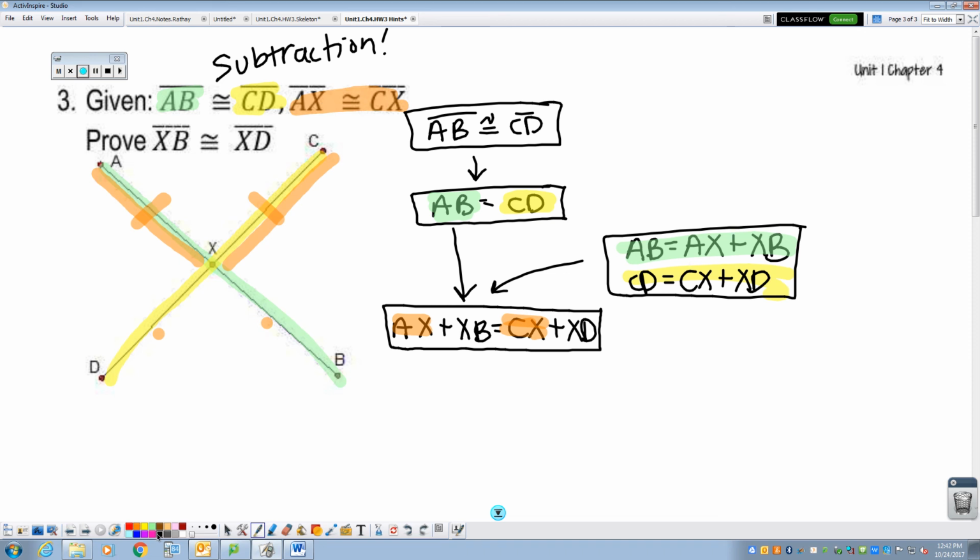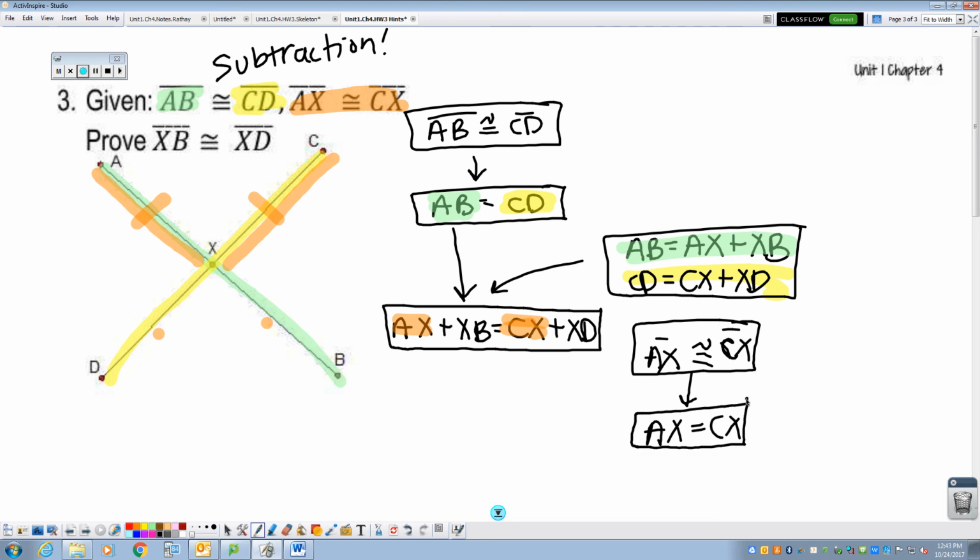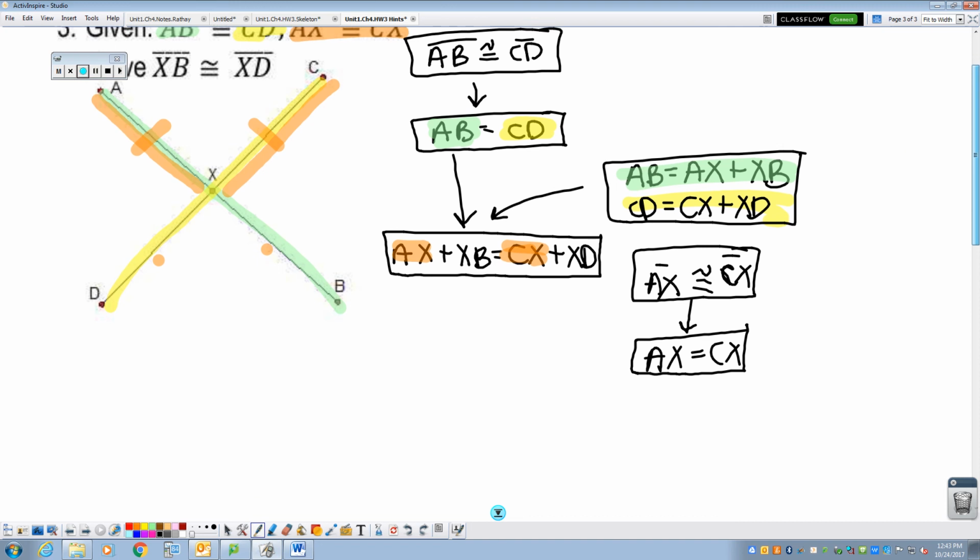So because I want to do some subtraction, I do need to take those congruent segments and get them to be equal to each other so that they're useful to me. Same reason as before, congruent segments are segments with equal measure.